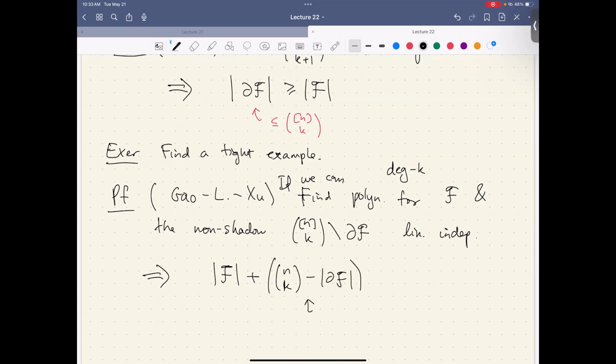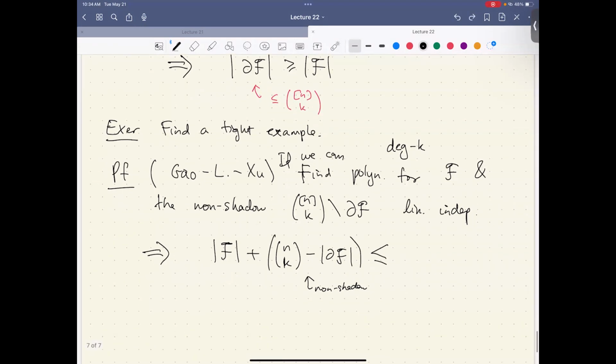This is the non-shadow. This is at most the dimension of the space of all degree at most k polynomials.